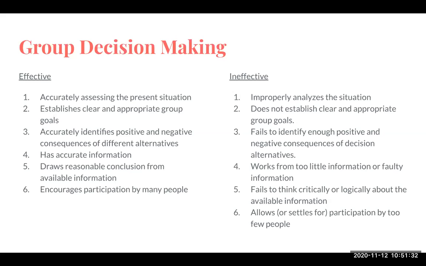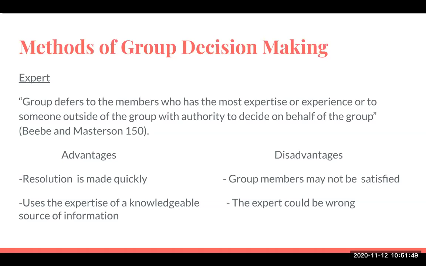So in order for group decision making to be effective, we want to really lean into the column on the left. And group decision making can go awry when we have the things listed in the ineffective column.